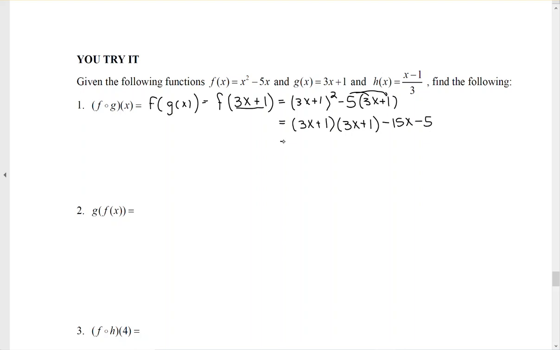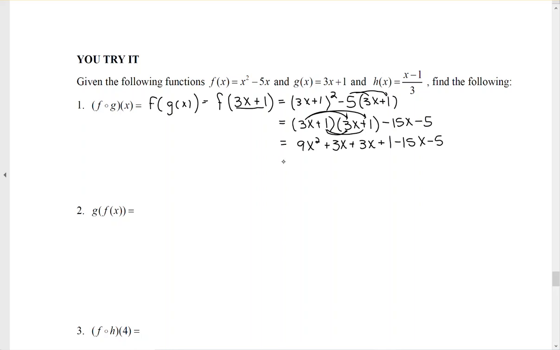Back to the FOIL method here. So first times first here, 3x times 3x, 3x times positive 1. All right, now you distribute the positive 1. So 1 times 3x and 1 times 1. You still have the minus 15x and the minus 5 that you bring down.